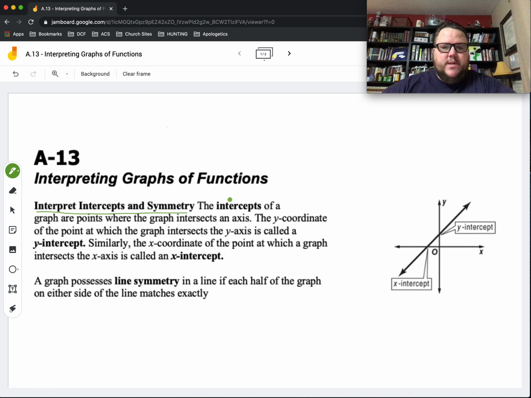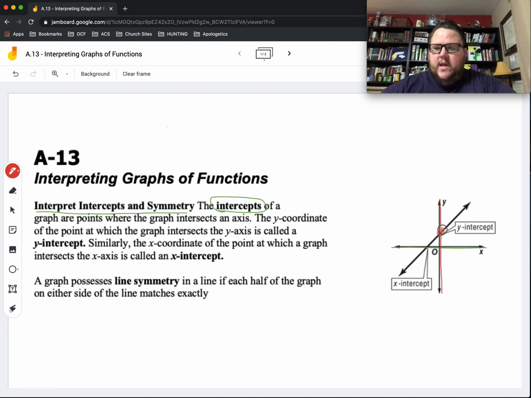The intercepts of a graph are points where the graph intersects an axis. On this graph, the x-axis is horizontal and the y-axis is vertical, and that's every time the graph intersects.